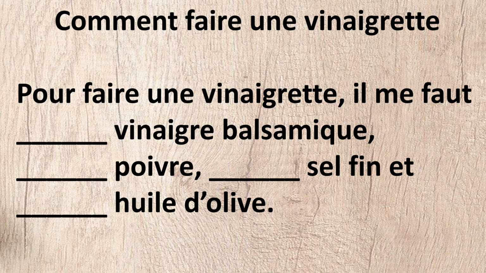So to make a vinaigrette, which is the French dressing, il me faut, I need some balsamic vinegar, some pepper, some fine salt, and some olive oil. So you need to come up with the right partitive article.